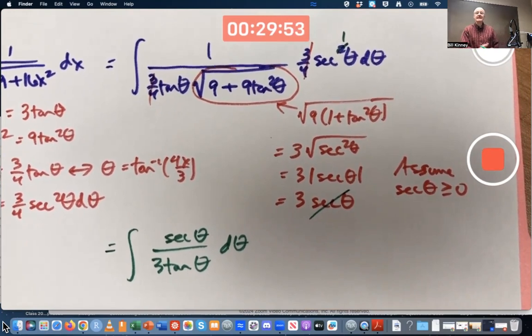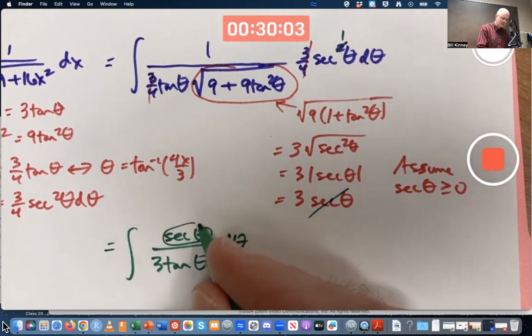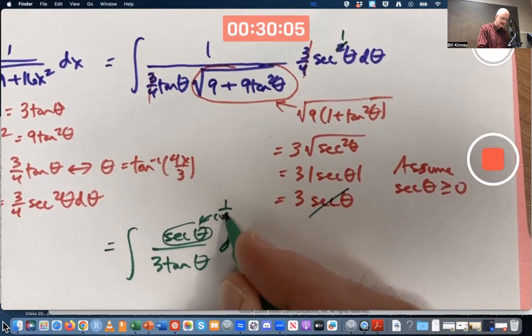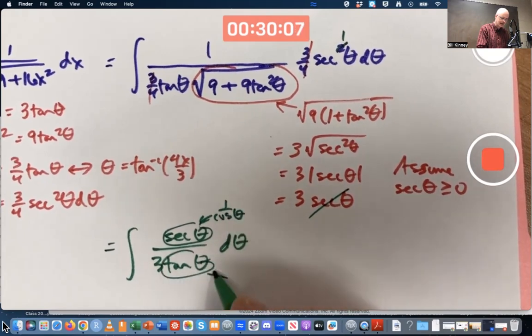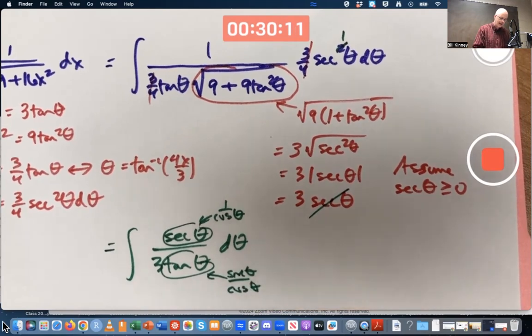You see something like this, looks pretty hard. It's probably typically better to get it in terms of sine and cosine. Secant is 1 over cosine, and tangent is sine over cosine. And so it looks like, oh, I'm afraid something's wrong here.